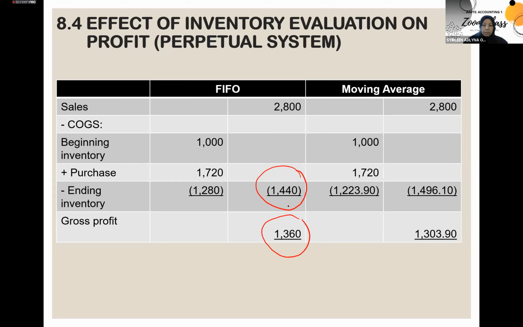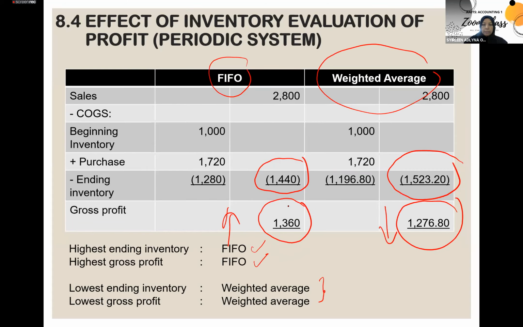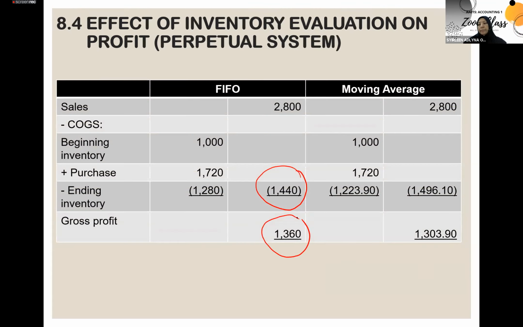Okay, awak tengok beza dengan yang tadi sama, nampak tak? Okay, kalau kita guna periodic system, ataupun kita guna perpetual system tapi kita guna method FIFO, jawapan akhir tetap sama. Okay, sebab apa? Sebab memang kita ambil berdasarkan nilai yang sama.